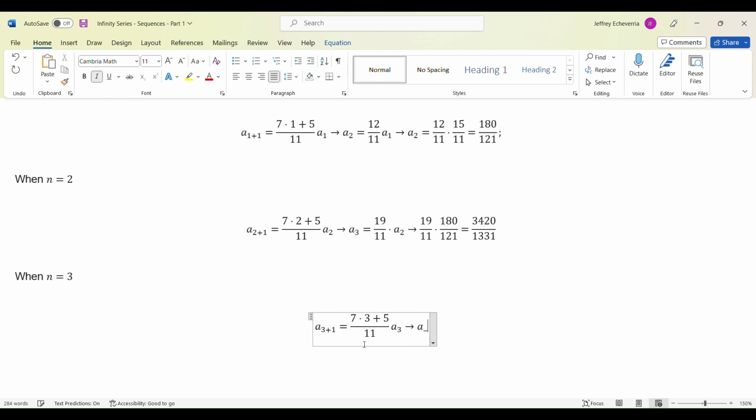So we get a sub 4 equals 11 on the bottom. 7 times 3 is 21, plus 5 is 26. A sub 4 will now be 26 over 11 times c dot 3,420 divided by 1,331, because that's what our a sub 3 was.